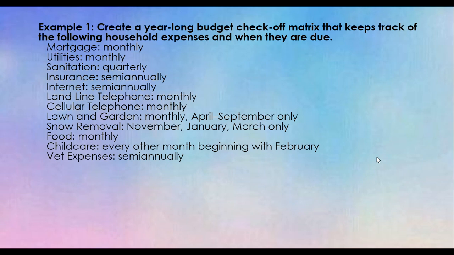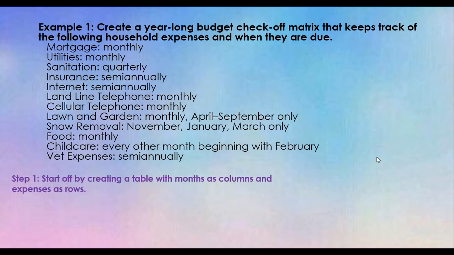Food, obviously, monthly cost. Childcare, we have children now. Every other month, something to think about. They are expensive. And then all of us want pets. We love them, but you got a vet expense semi-annually. So how can we create a budget long checkoff matrix, a budget checkoff chart essentially that keeps track of all of these?